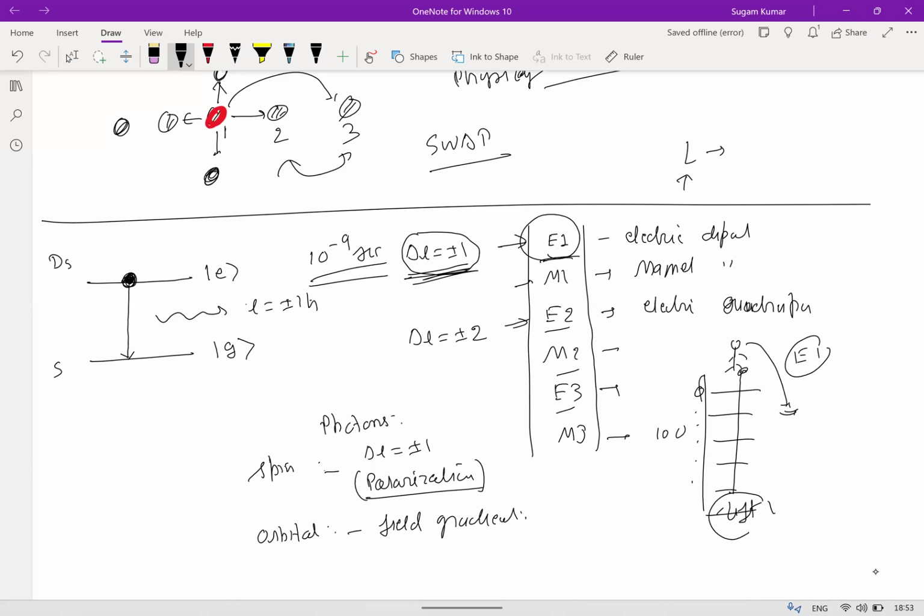This transition can go through E1, M1, E2, M2, E3, M3. Even if all are not possible, which is called a radiative way to make a transition, even if that is not possible, then this electron can come down through a physical collision, correct? So through collision, it is going to give up its energy.